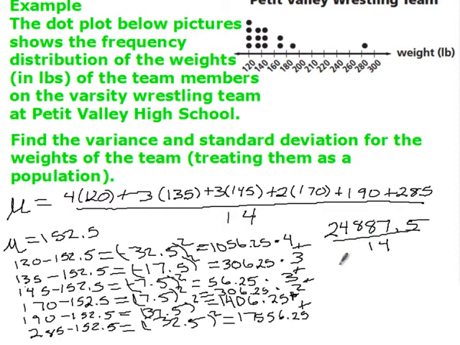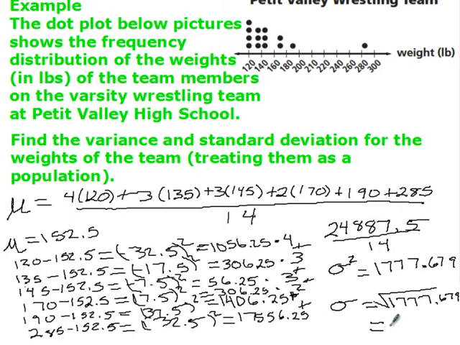And so my variance, or my sigma squared, is 1,777.679.